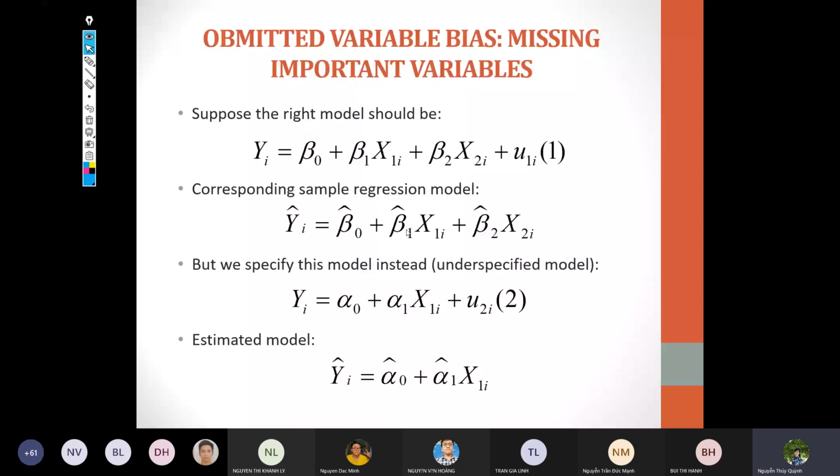But if not, alpha 1 hat will no longer be the unbiased estimate of the effect of x1 on y.